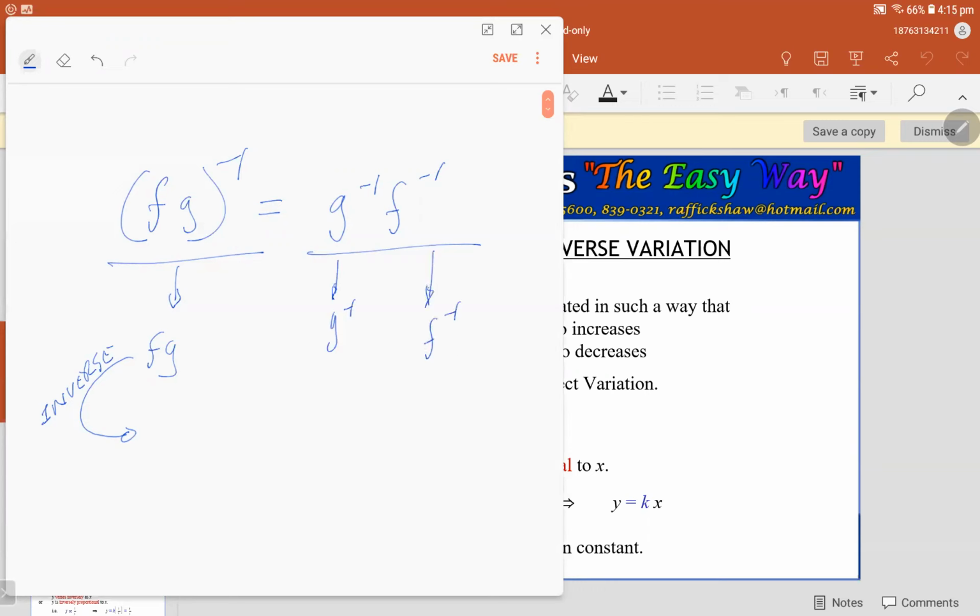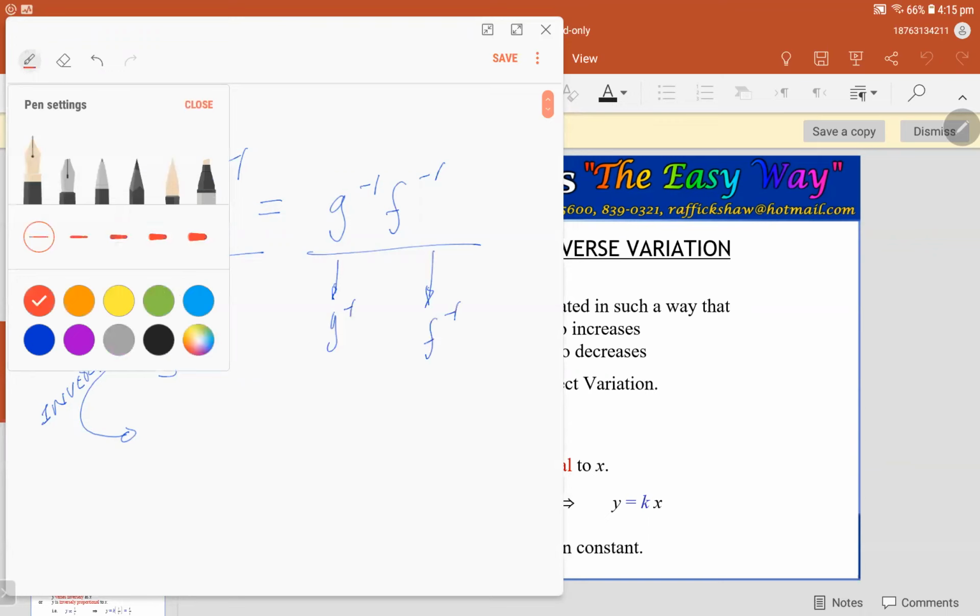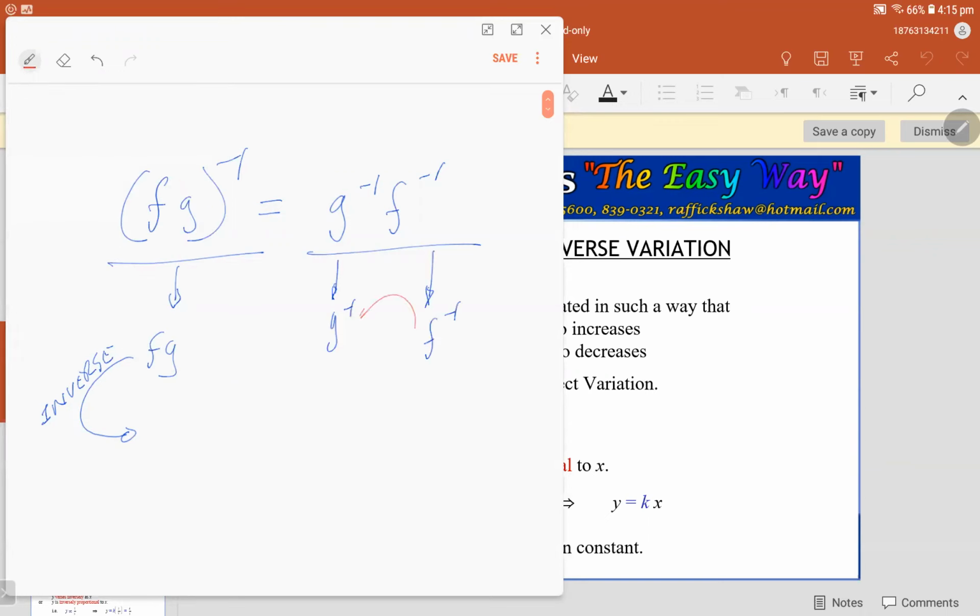And then after we do that, we put the f⁻¹ into the g⁻¹. That is how we get this side. Two different approaches, but the final result will be the same. That's just the nature of the inverse of a composite function.